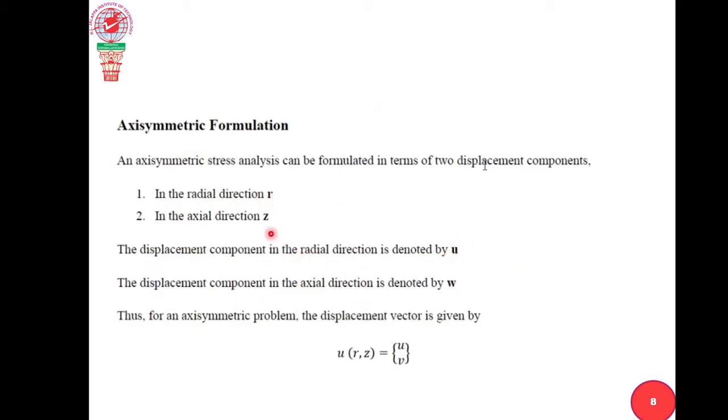The displacement along the axial direction is w. Therefore, the displacement vector becomes u and w. That is not v, this is w.